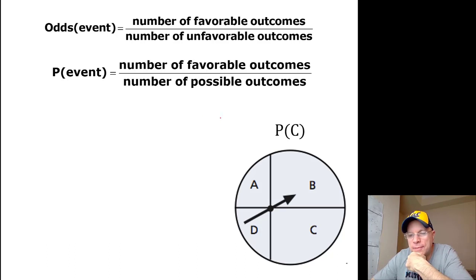Now the tricky thing about this spinner is while the areas are differently sized, certainly, where the spinner lands is not dependent on area the way a dart would be. Where the spinner lands is dependent on the angle of the spinner. And the angle of section B is 90 degrees, taking up 90 degrees of the circle.